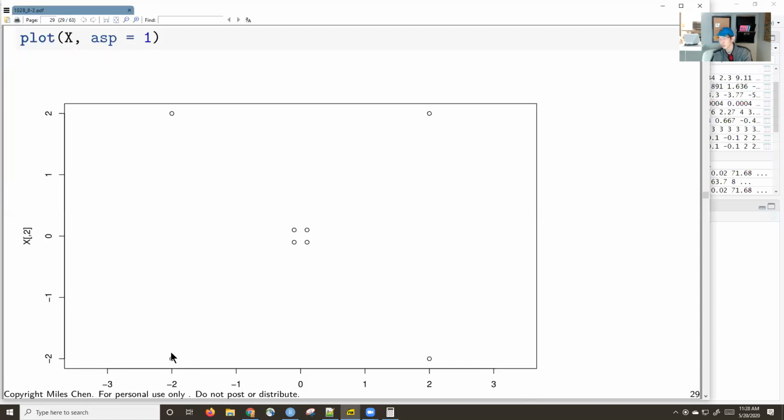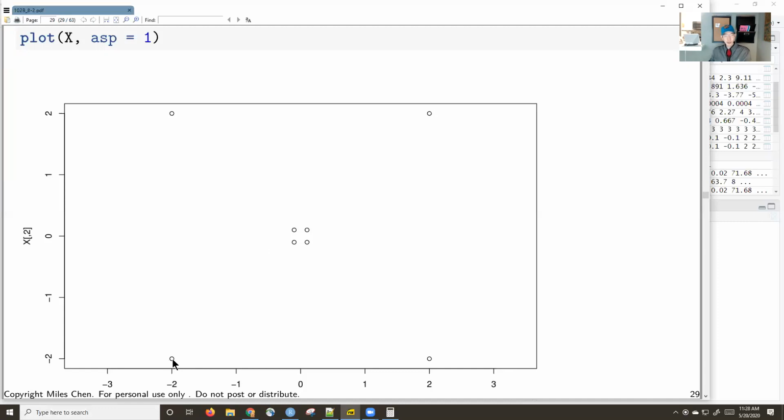K-means clustering will always put points together based on Euclidean distance, and according to K-means, this point and this point are very different. They're very far apart, so it will never put them in the same cluster.